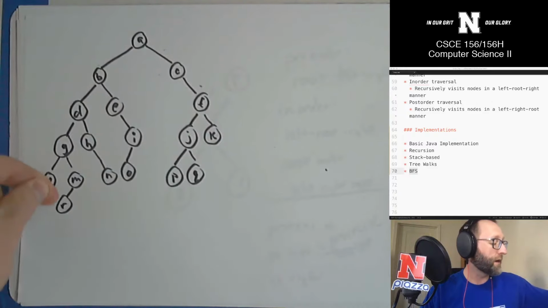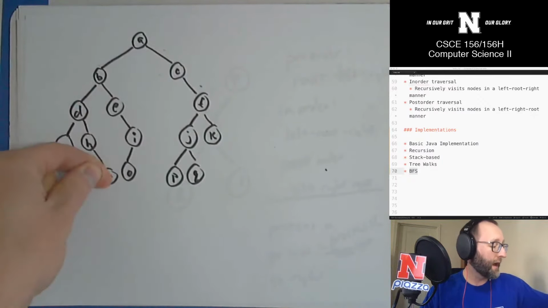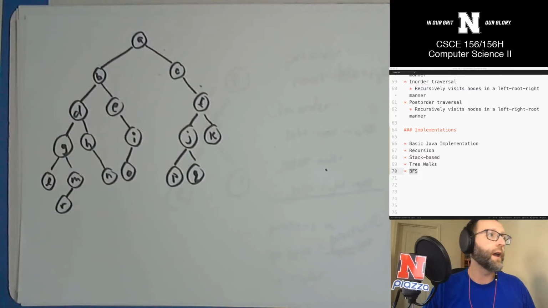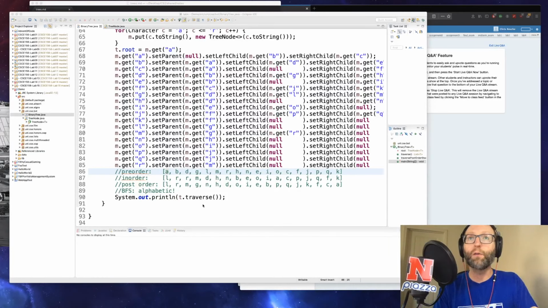There's no left child, no right child. So I come back up, I go M, and then R. Come back up, H, N, et cetera. I've written all that down here: A, B, D, G, L, M, R, H, et cetera, so that we can make sure we are doing this correctly.